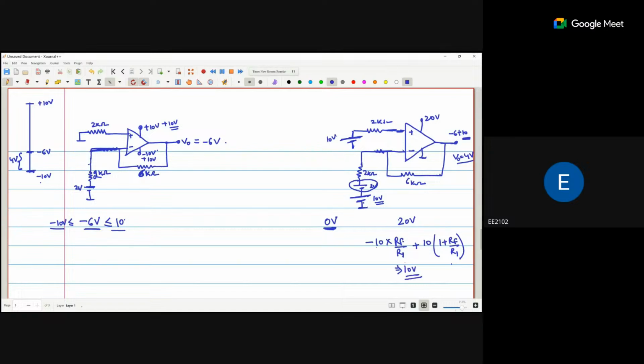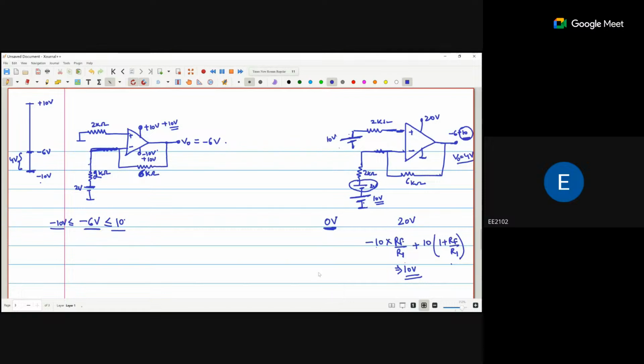So if we add a 10 volt in the positive terminal and a 10 volt in the negative terminal, we are getting this 10 volt, and that 10 volt is already added in the output, to convert my previous output voltage to lie in the new range 0 to 20 volts.